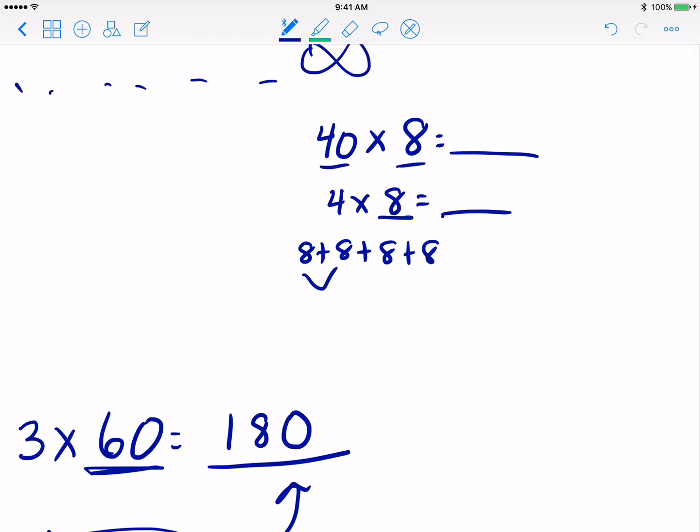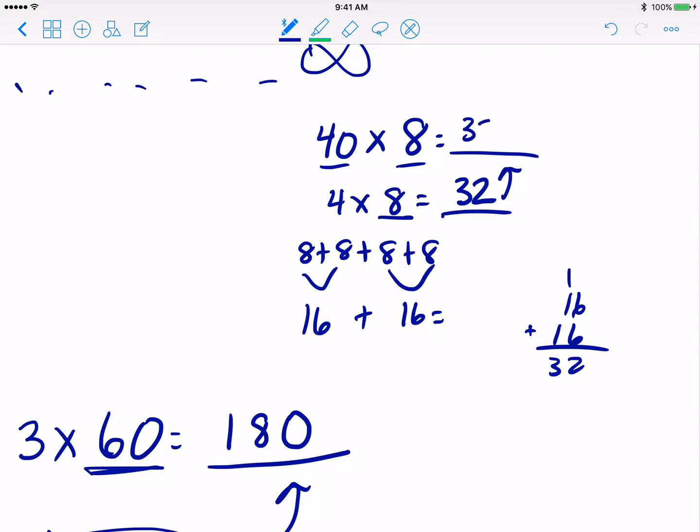Okay? 8 plus 8, 16. 8 plus 8, 16. 16 plus 16. If you need to stack it up, you can. 6 plus 6 is 12. 1 plus 1 plus 1, 32. So we know that 4 times 8 is 32. So 40 times 8 is just going to be 10 times bigger than 32.